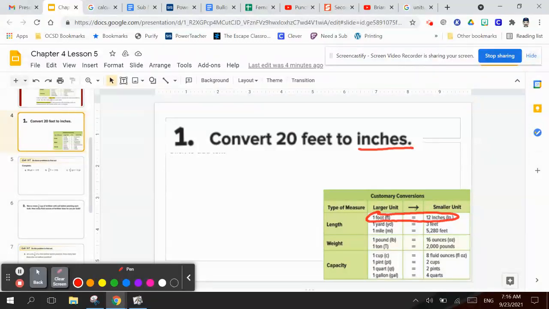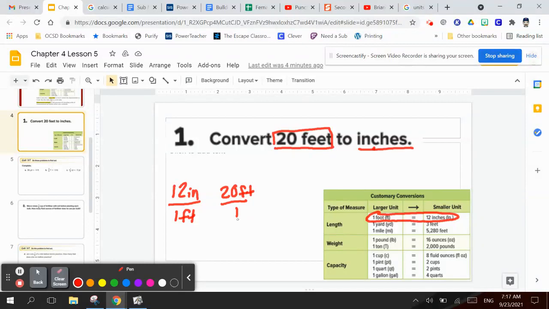So I write that as my ratio of 12 inches, because that's what I'm looking for, over 1 foot. Now, I have 20 feet. So I'm going to write that as a fraction of 20 feet over 1, because I have to have it as a fraction. And all whole numbers as a fraction is that number over 1.